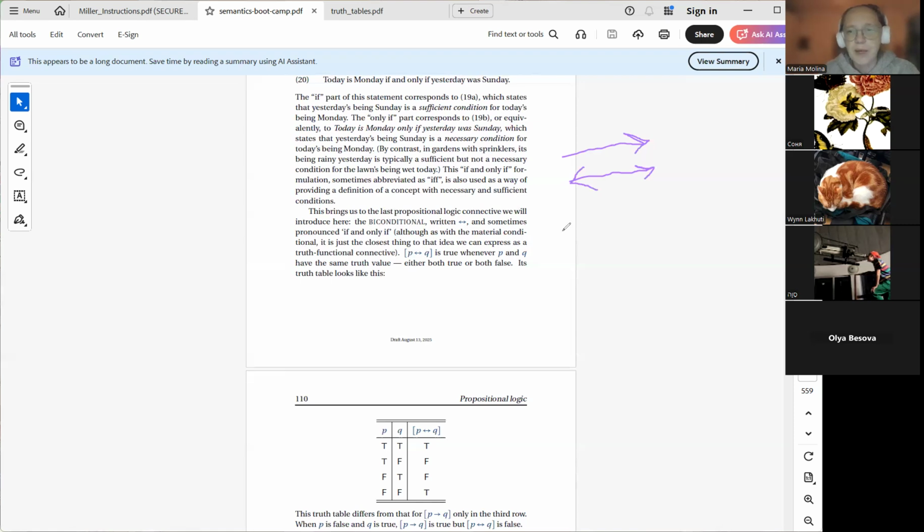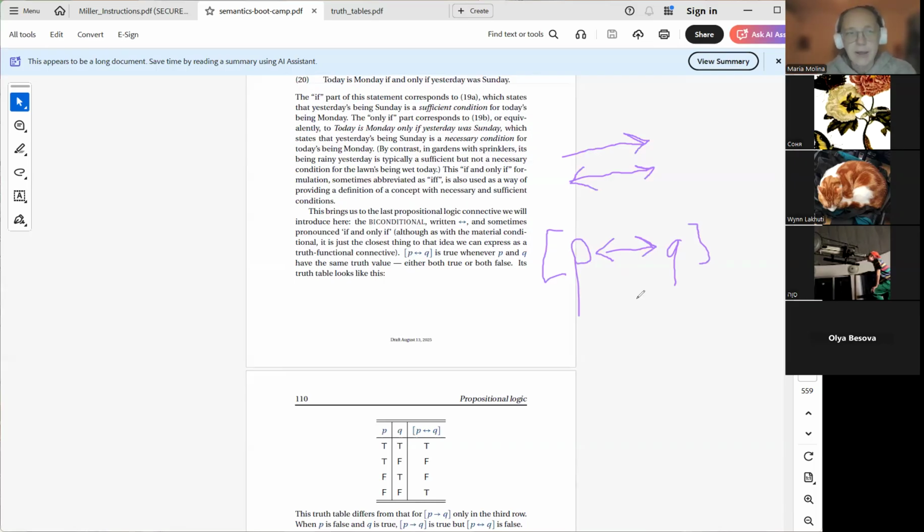So P if and only if Q is true whenever P and Q have the same truth value, either both true or both false.